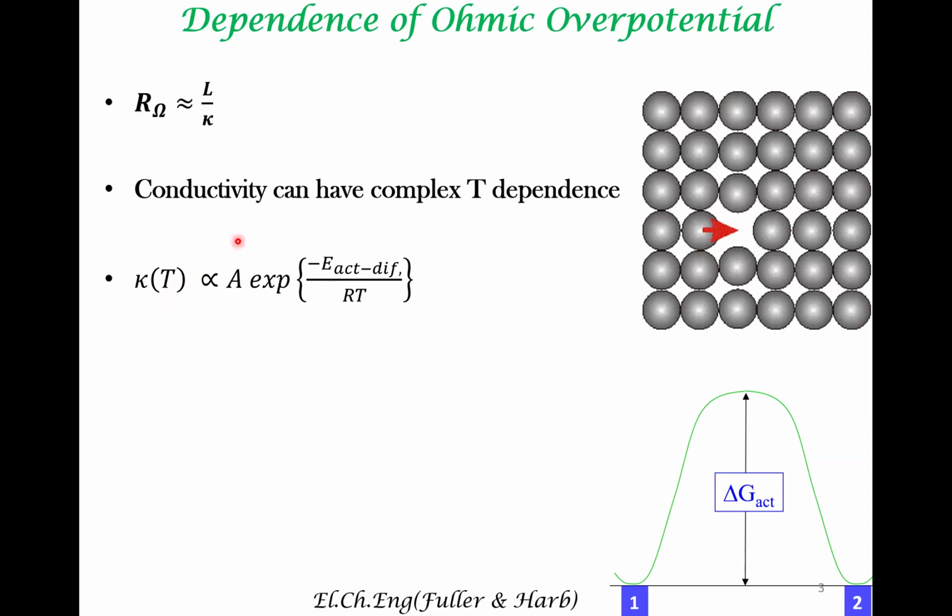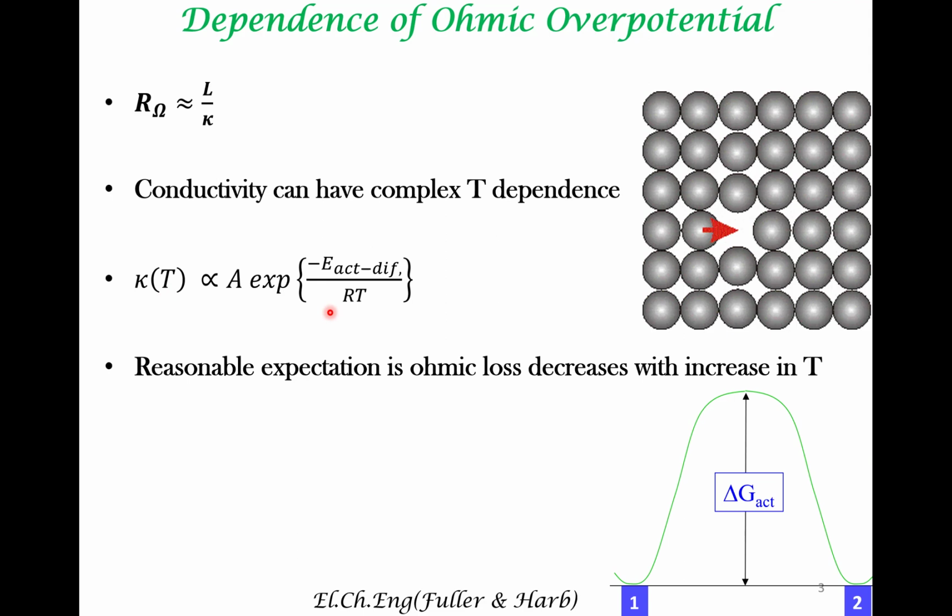So this is a reasonable model, especially when a solid lattice is present. But in general, even in a liquid state electrolyte, diffusion is an activated process. Therefore, increasing the temperature would increase the transport. So the overall expectation is that the ohmic loss decreases with increase in temperature.